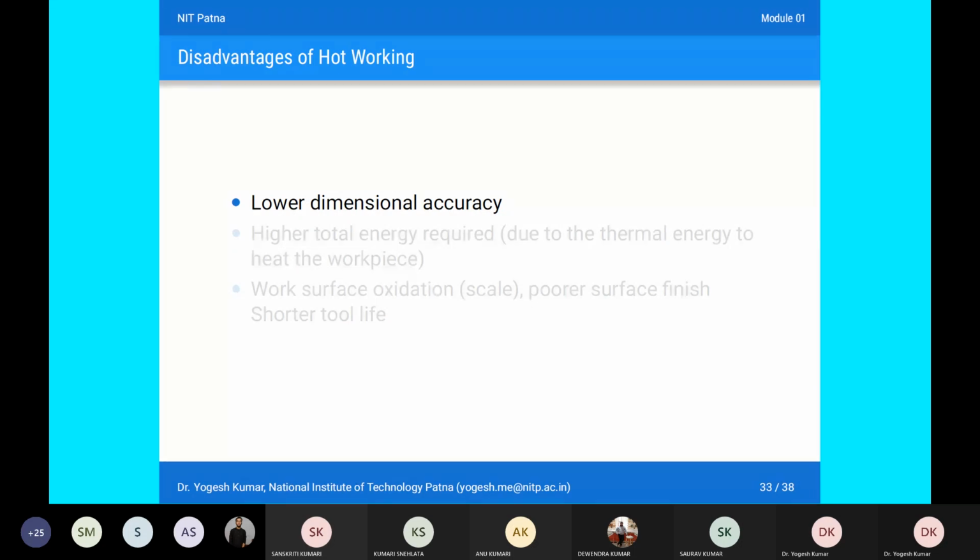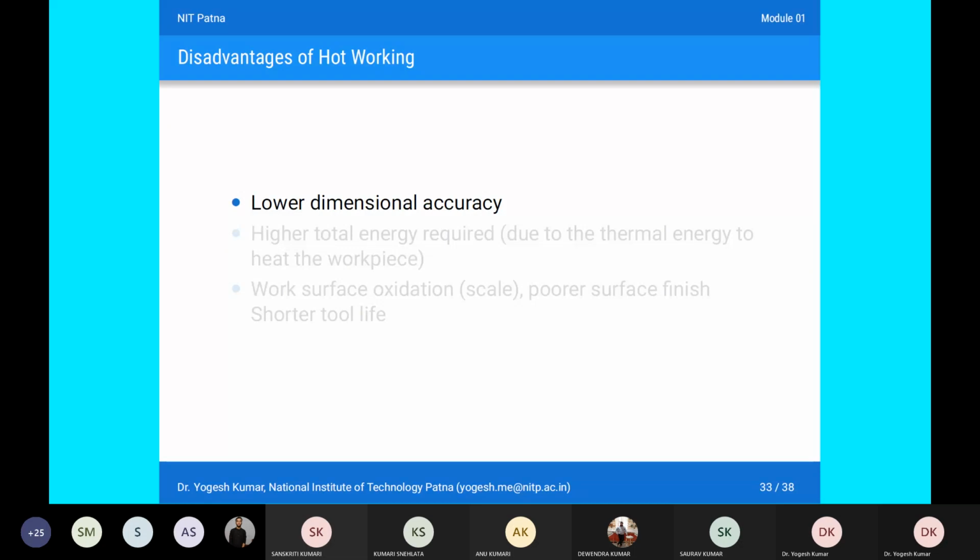It is obvious because when we conduct any deformation at higher temperature, the part will solidify and contract, and the overall size may vary from the desired final shape.